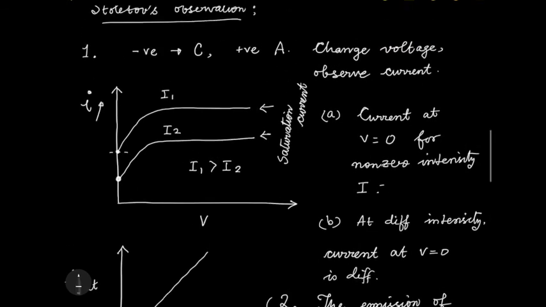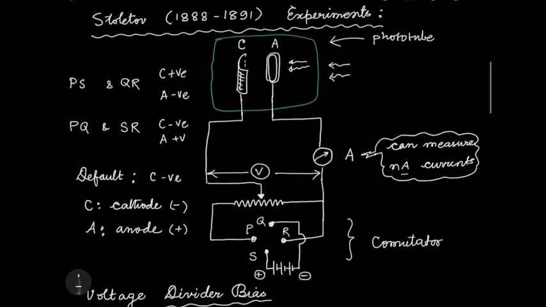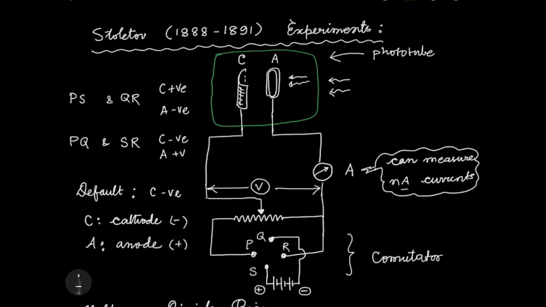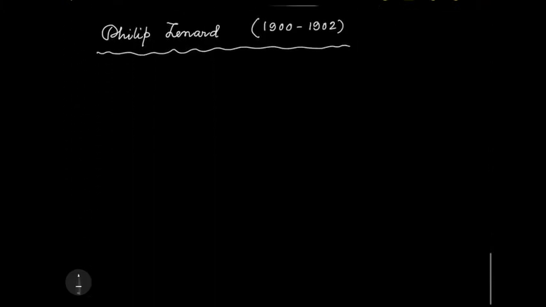In Stoletov's experiment the cathode is always kept negative and the anode positive. We also have not talked about light of what color or frequency. We just said light falling on it. Stoletov changed the intensity, but he did not talk about the color or frequency of light. These are the two things which were introduced by Philipp Lenard. So Lenard said that he will observe the exact same thing, the voltage versus current plot.